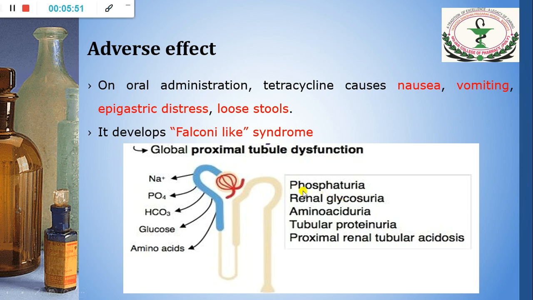So that may lead to phosphaturia, renal glycosuria, aminoaciduria, tubular proteinuria, and proximal renal tubular acidosis. So this is called Fanconi-like syndrome.